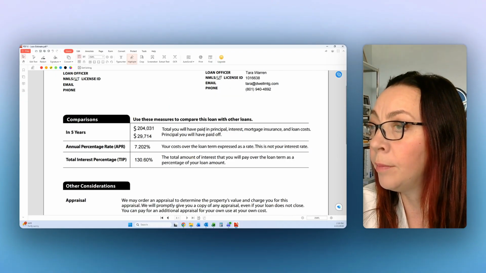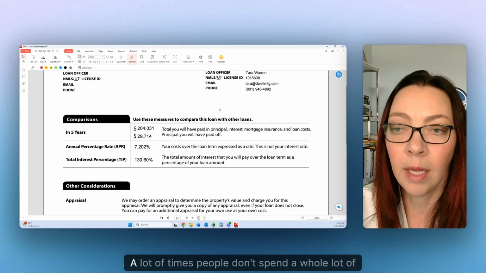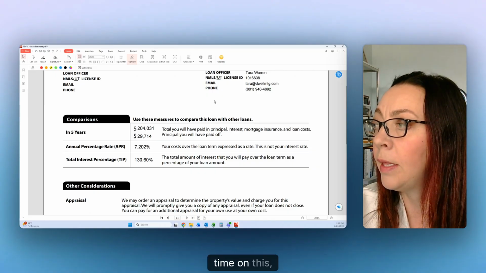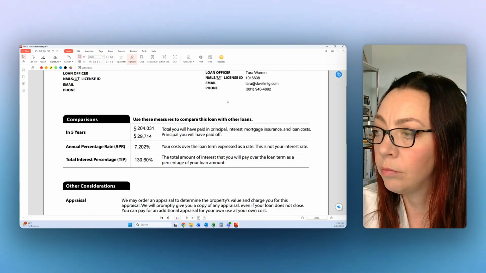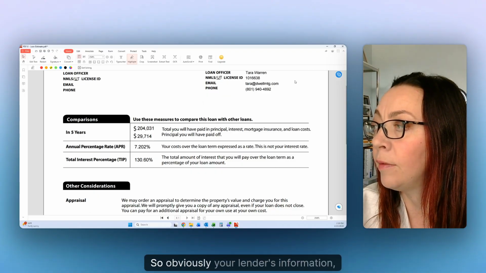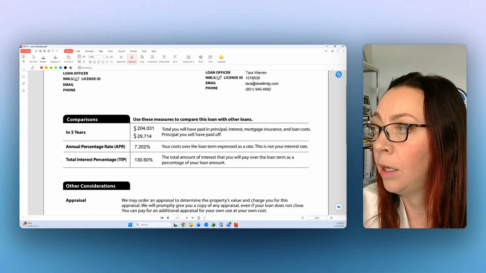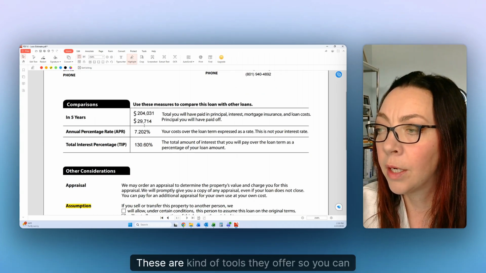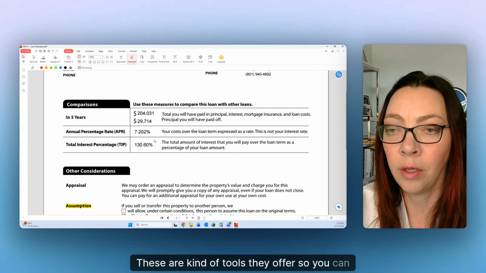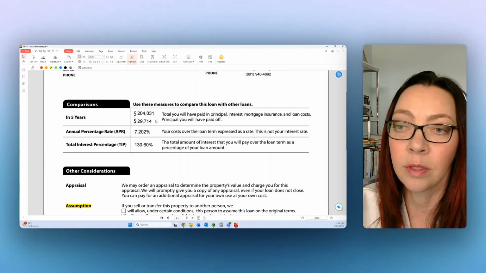Page 3. A lot of times people don't spend a whole lot of time on this, but there are a few things you want to look at. So obviously your lender's information, loan officer's information is up here. These are kind of tools they offer so you can compare different kinds of loans.